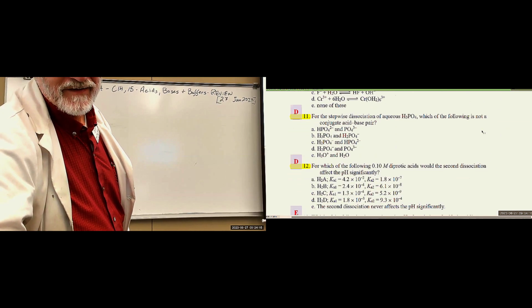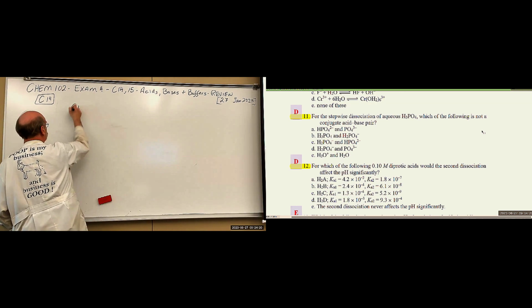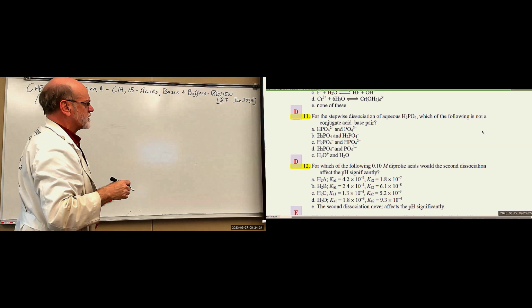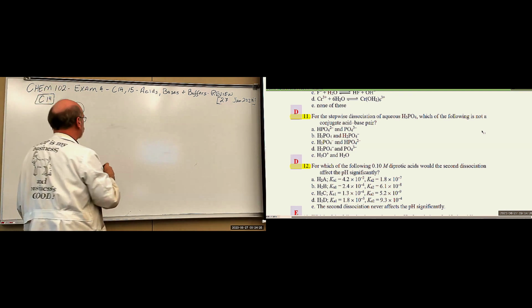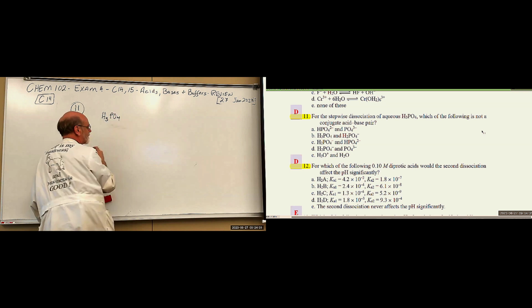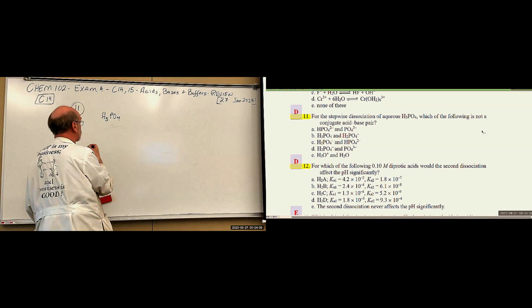Let's see here. For the stepwise dissociation of aqueous H3PO4. Okay. Which of the following is not a conjugate acid-base pair?